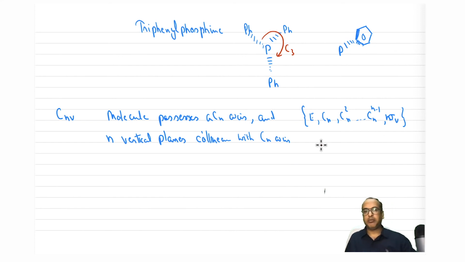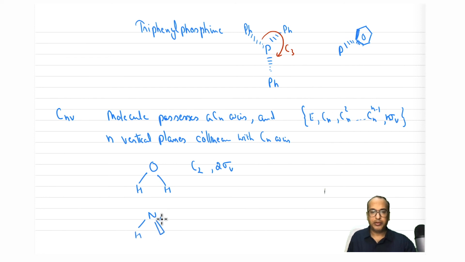Example, we have already discussed these kinds of examples. One is water. Water has a C2 axis and two sigma v's, which are collinear with the Cn axis. Similarly NH3 has a C3 axis and three sigma v's collinear with the C3 axis, and so on.